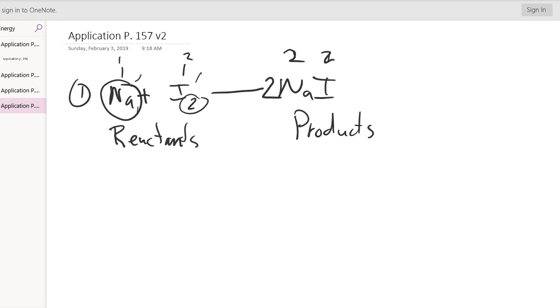Then we have to come back to the left-hand side and see, oh, we already have 2 of the iodine, but bummers, we only have 1 of the sodium. So we're going to have to increase the number of sodium. So you put a 2 in front of the sodium, that gives us 2 of each. And so now we're balanced. We have 2 of each element on each side of the equation.